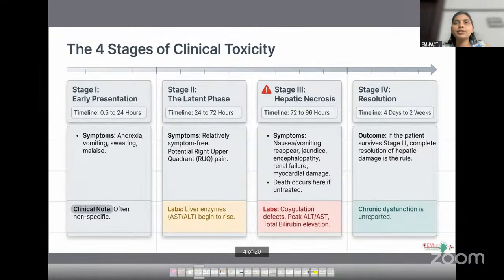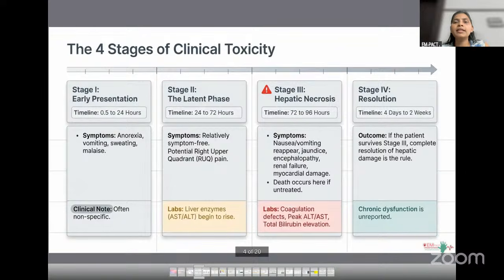The third stage, here the hepatic injury becomes evident, and the laboratory abnormalities become clinically apparent. Some patients will again have symptoms like nausea, vomiting. They will develop jaundice, hepatic encephalopathy, renal failure, myocardial damage.